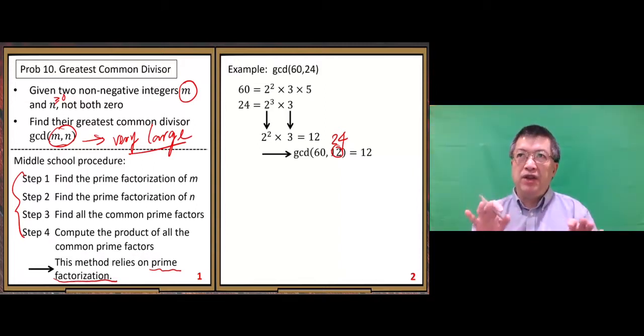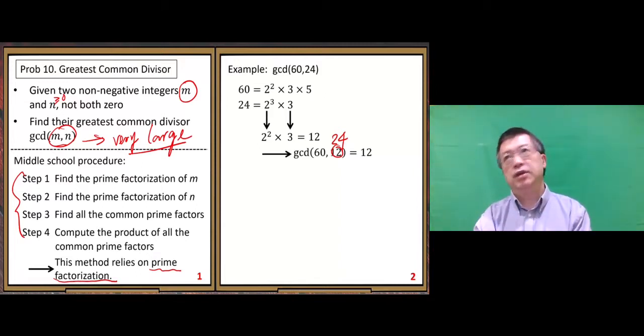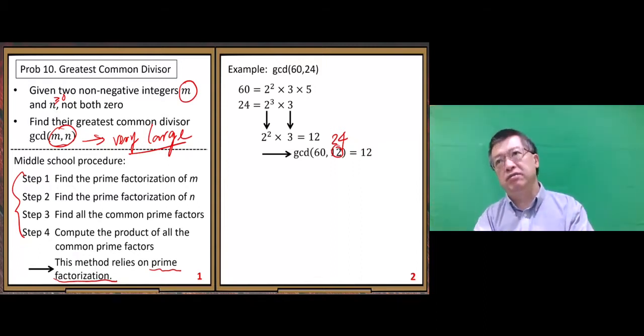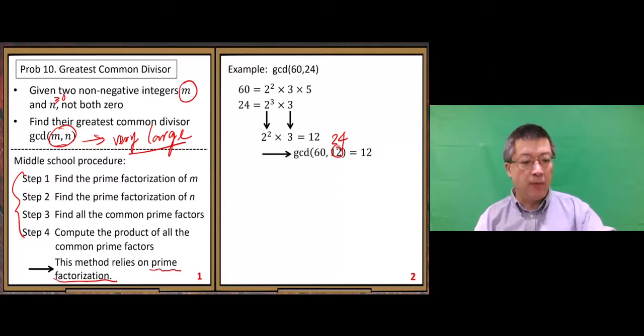But with prime factorization, even if you use a supercomputer, you cannot find it quickly. Extremely slow, even years. We want to use a few seconds to find the answer. So that's the main problem.